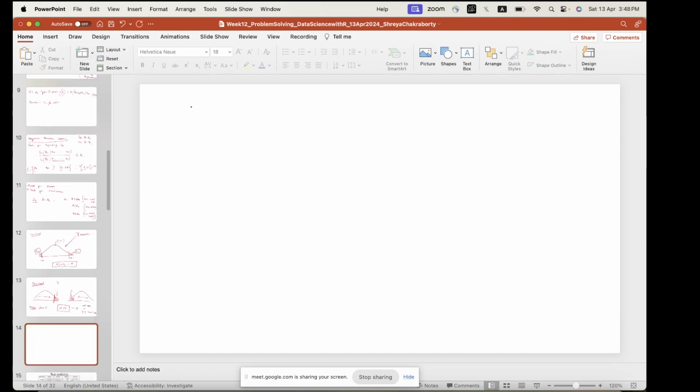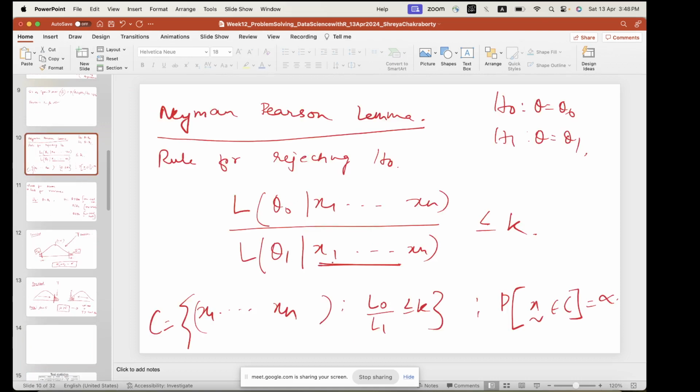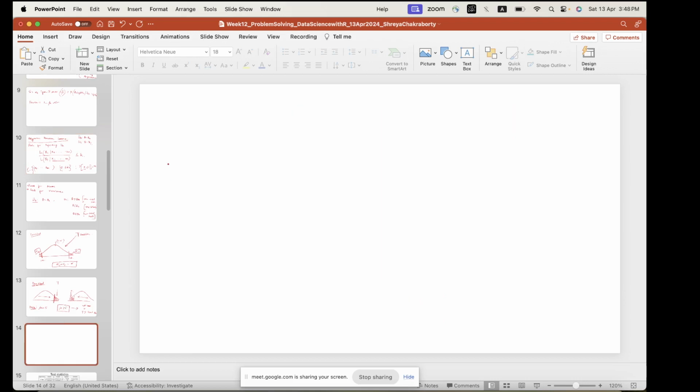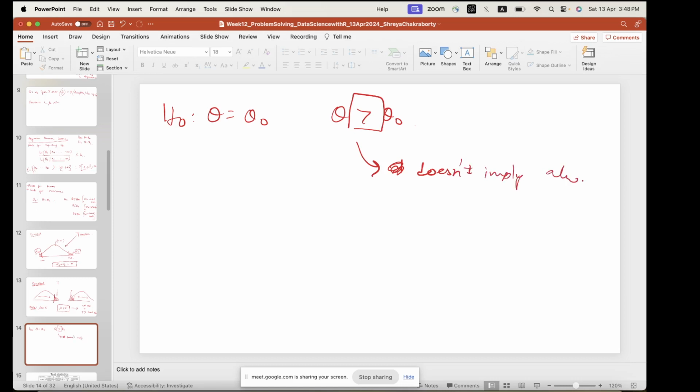That will depend a lot on the distribution, like how we are constructing this likelihood function. What I mean to say is that if I have theta equal to some theta naught versus theta greater than theta naught, it doesn't always imply that the test statistic should also be greater than some critical value.